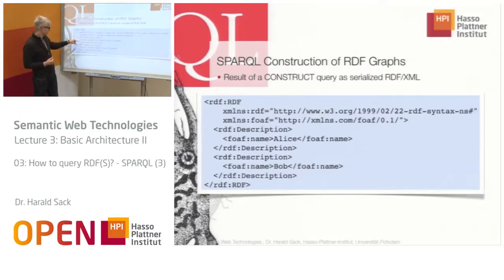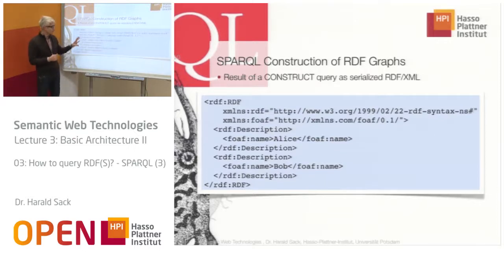And you have the FOF name for Alice and the FOF name for Bob, which was in the predefined template of the graph pattern from the construct statement we have looked at before. So this is a simple way to translate from one vocabulary to another. It's for vocabulary transcription or vocabulary transformation, and this is quite handy. This is a nice thing that I can do with SPARQL.